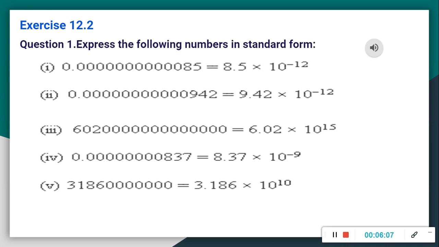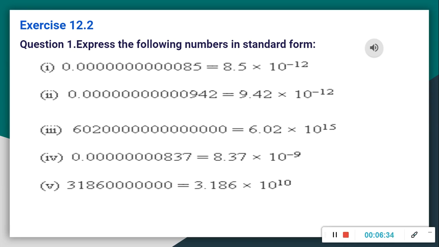We have to make it a number between 1 and 10. Here the last digits are 8 and 5, so we can make it 8.5. Now count how many jumps you require to reach 8. Here you are jumping 12 times. So the answer would be 8.5 into 10 raised to minus 12.